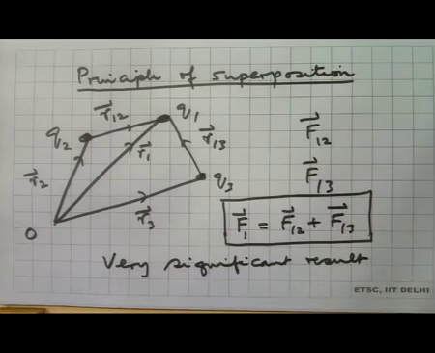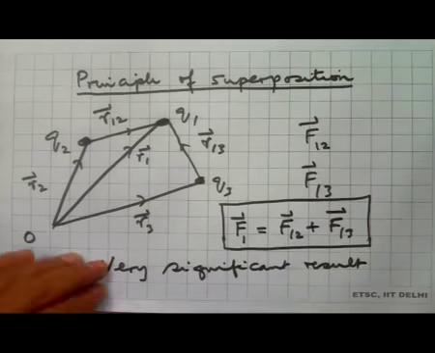That cannot be predicted by any logical argument. It just so happens that electrostatics follows this principle of superposition. So, the force of interaction between any two charges is not affected by the presence of any other charge in the system, and that is very, very important for our understanding.